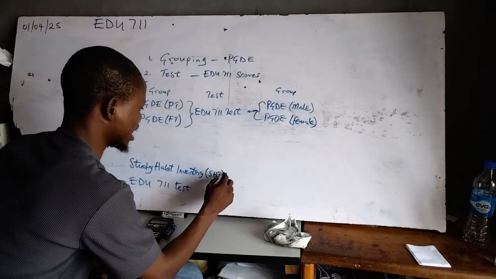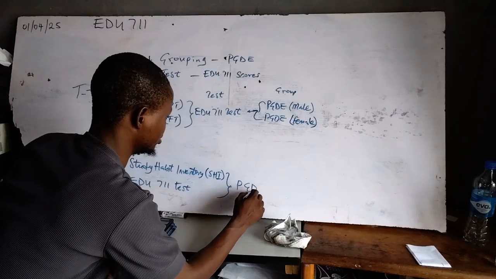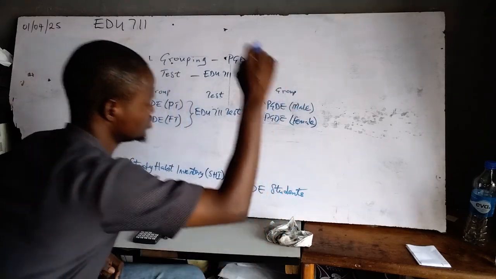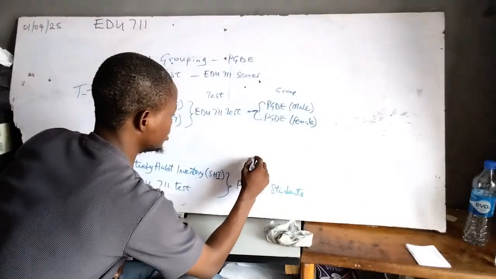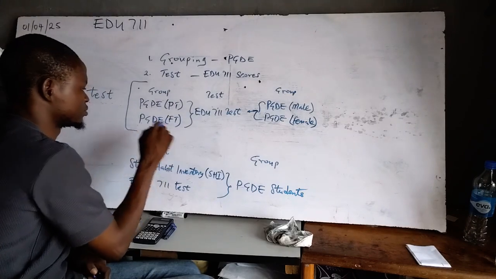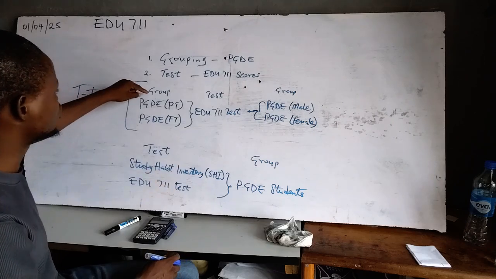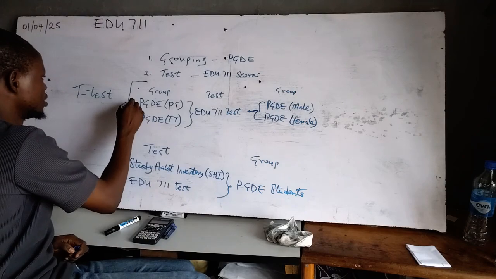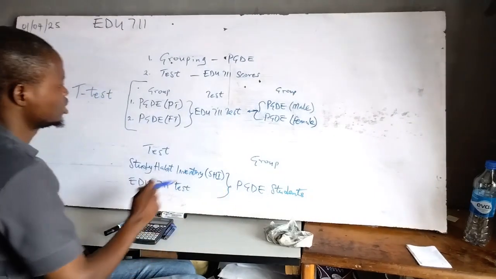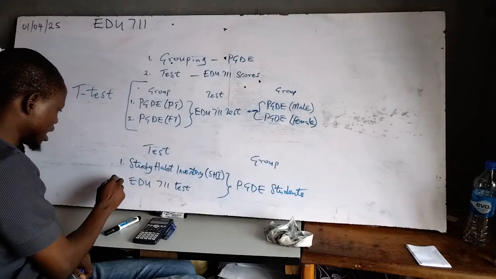These two were administered to PGDE students. So in this case, this is the group and this is the test. You will notice that unlike the previous case where we have two groups, group 1 and group 2, here we have only one group. Unlike there where we have one test, here we have test 1 and test 2.